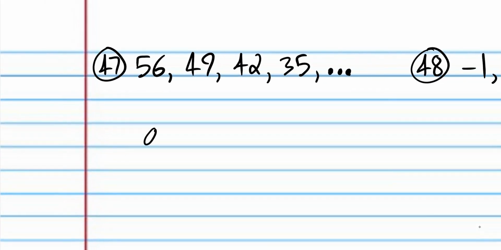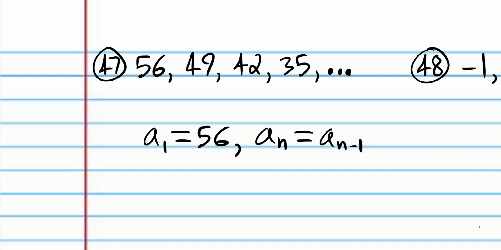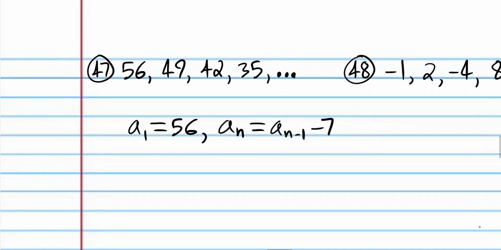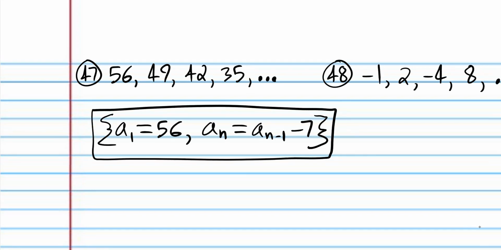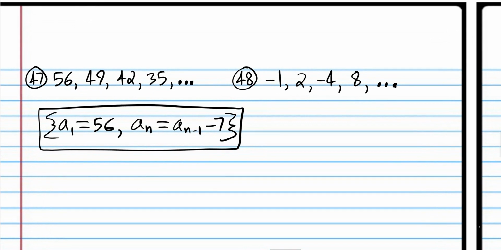All right, we're back. So the first term is 56. Any term in the sequence can be found by taking the previous term and subtracting 7. So if you got that right, excellent. Try number 48, and when you come back, we'll do it together.